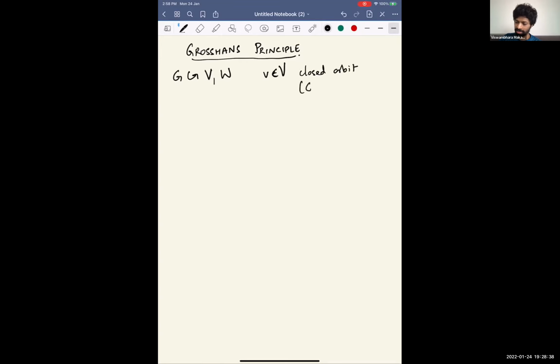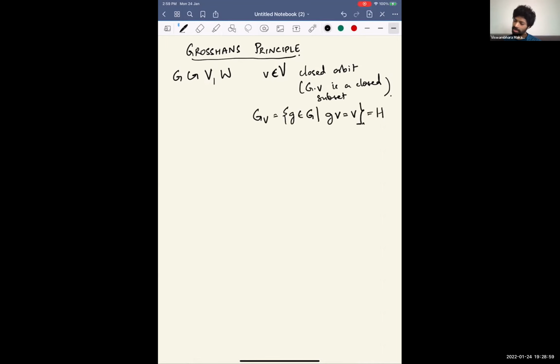By closed orbit, I just mean G·v is a closed subset. Then you look at its stabilizer, which is the set of all group elements which will not move the vector at all. I'm going to call this H, just for notation.